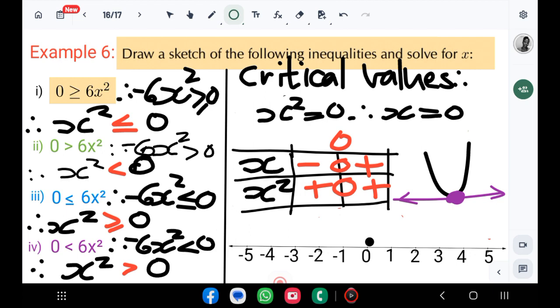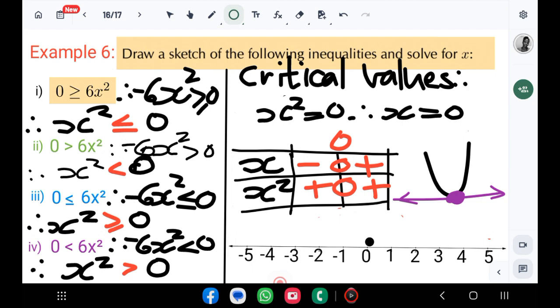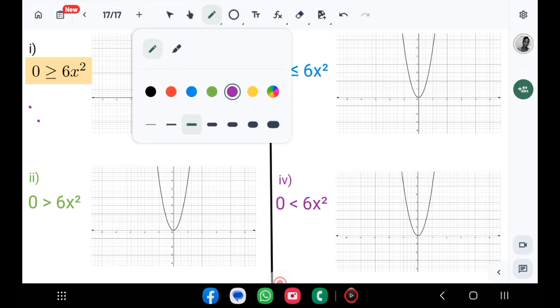Now, in a graph situation, I've listed all the graphs of each and every one of the scenarios. In a graph situation, the only point where your x is less than or equal to 0. Okay, let's point that out. Therefore, x squared is less than or equal to 0.